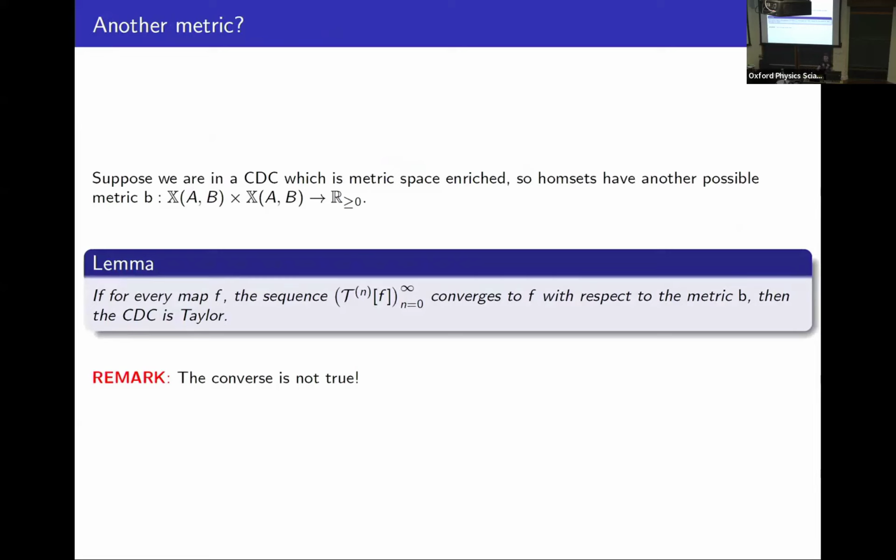If said other metric behaves well with the Cartesian differential structure, then it works. If your Taylor series converges with respect to that metric, then it will also converge with respect to the canonical ultrametric. However, the converse is not true. I can have a Taylor CDC with a metric for which the Taylor series doesn't converge with respect to that metric.